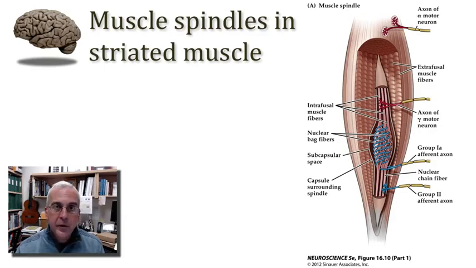Recall that the cerebellum receives input via a spinocerebellar pathway about the movements that the body is actually making. This is one important source of information that is supplied to the cerebellum. Let's consider then how information derived from these group 1A and group 2 afferents is actually handled in the spinal cord.